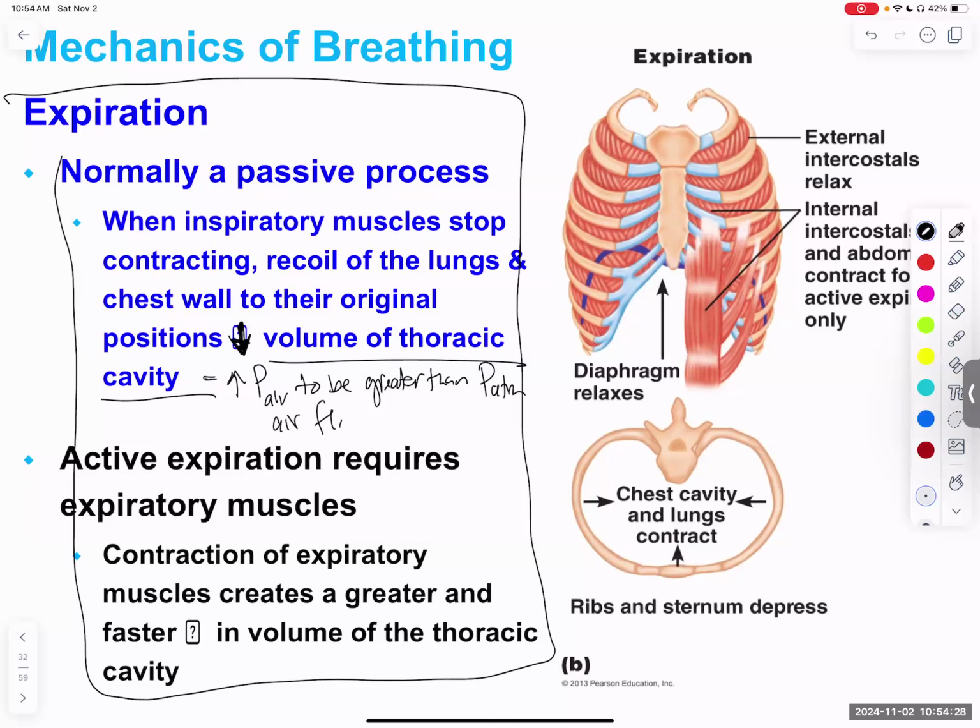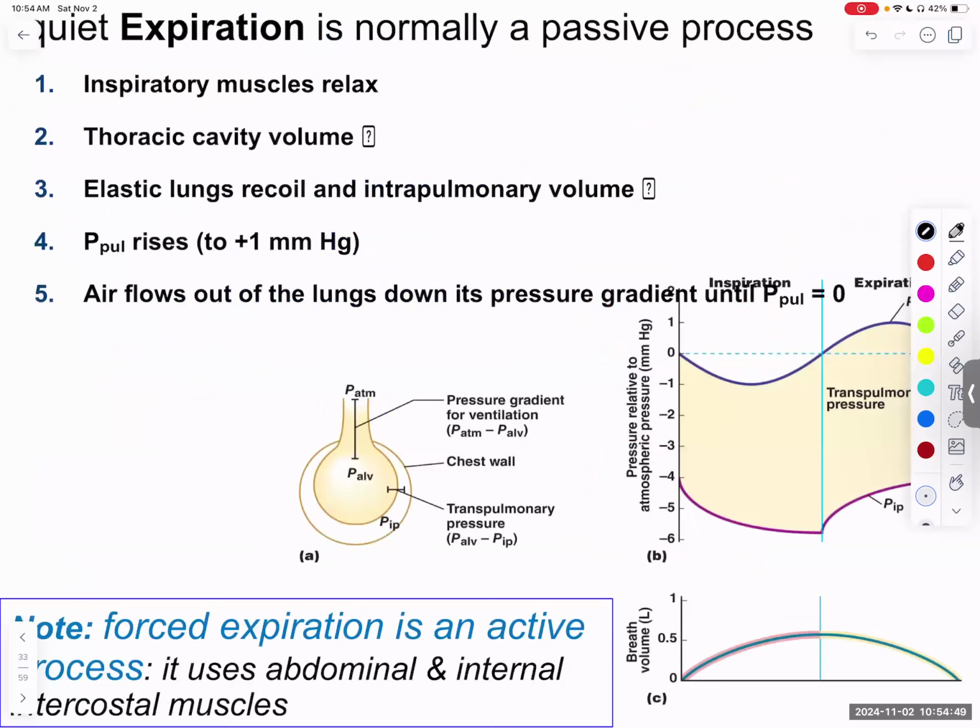So air flows from alveoli out into the atmosphere till they're equal. So we're trying to decrease the volume of the thoracic cavity to increase alveolar pressure. Basically, we are manipulating the volume of our thoracic cavity, and that is going to drive pressure changes to make air flow.